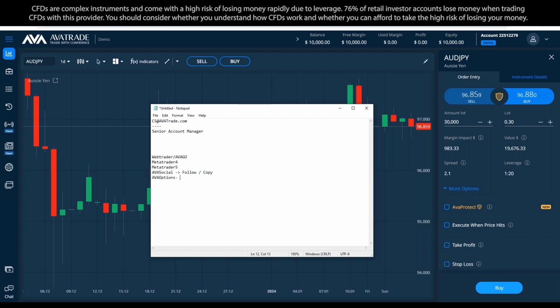AvaOptions is something we're not going to go too far with, because it's not the purpose of the webinar, but I can say that the app itself is very innovative. It allows you to see predictions and statistics, and to very easily resell or rebuy whatever you want later on with your option.